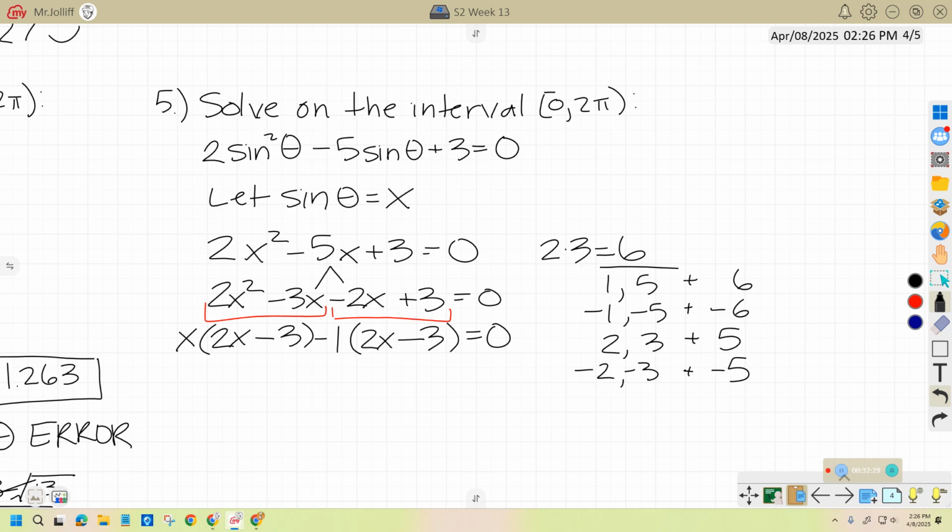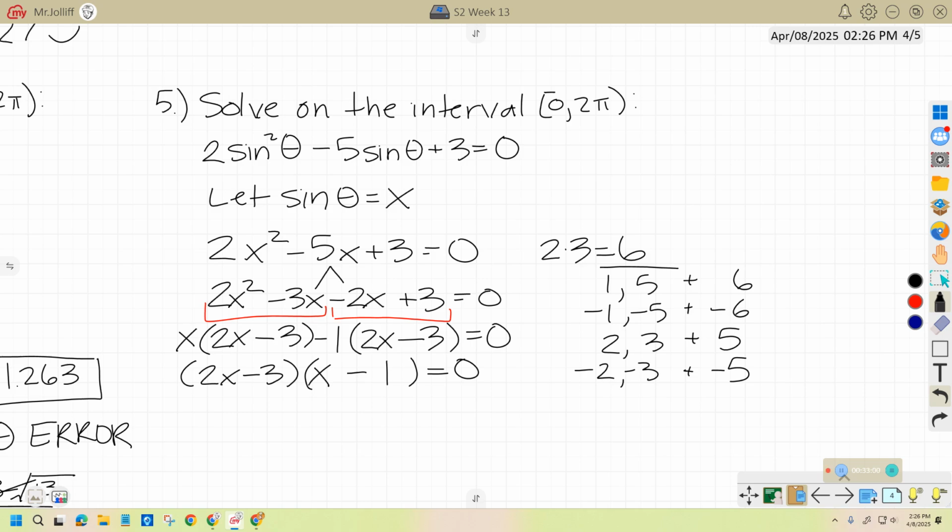We're going to factor that binomial out in front. When I divide out that binomial in the first term, I'm left with an x. I divide out the binomial in the second term, I'm left with a minus 1. So 2x minus 3 times x minus 1 equals 0.